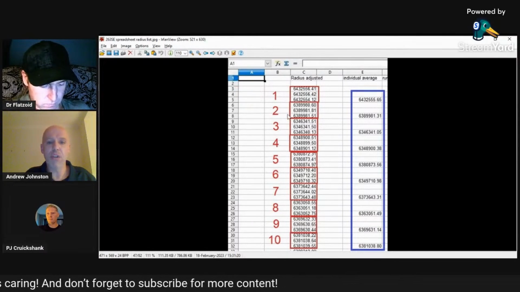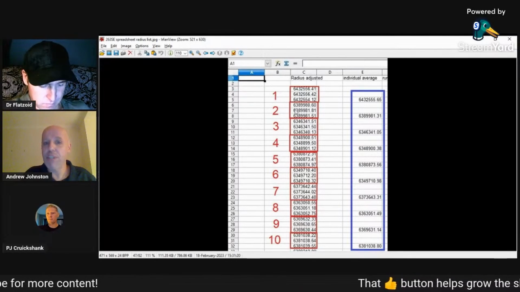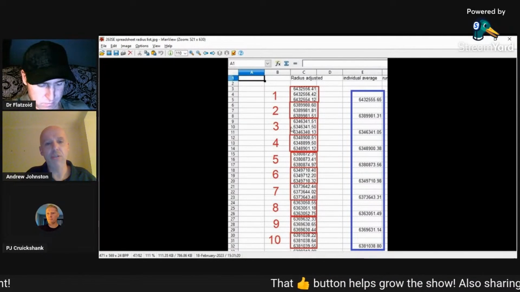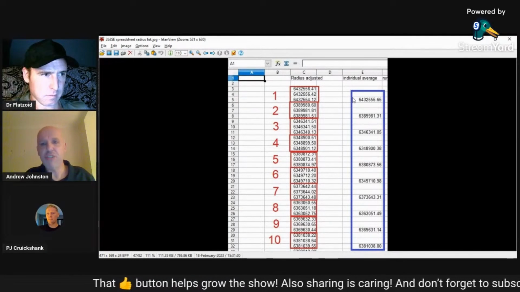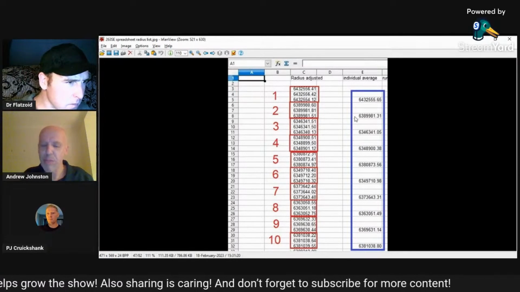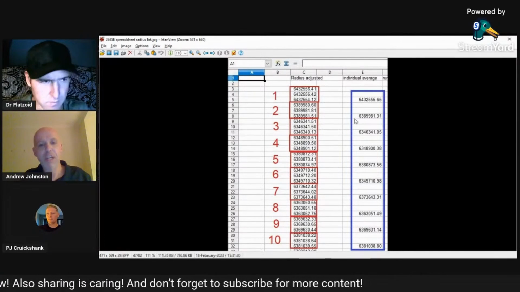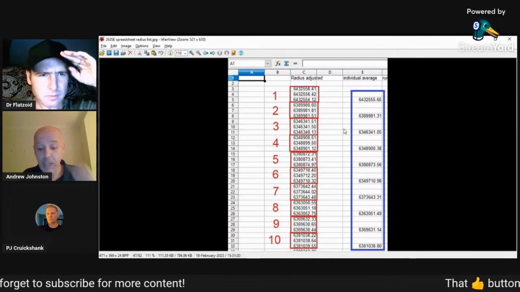If we look at triangle 2, the radius values here for each 3 sides of the triangle are pretty much the same value, same for triangle 3. But between each of those 3 triangles, and I've averaged each triangle here on the right in the blue, you can see that the values do actually differ by a little bit. And you can sort of expect some of that due to errors of measurement, errors of calculations. They're doing this stuff by hand.